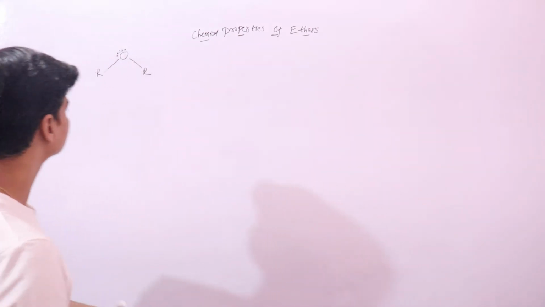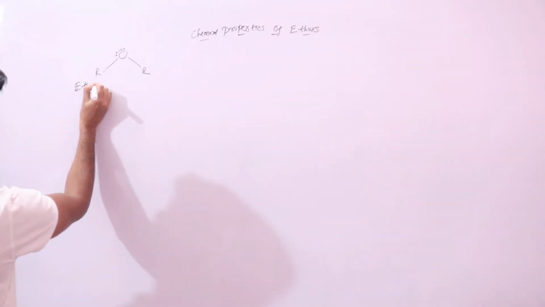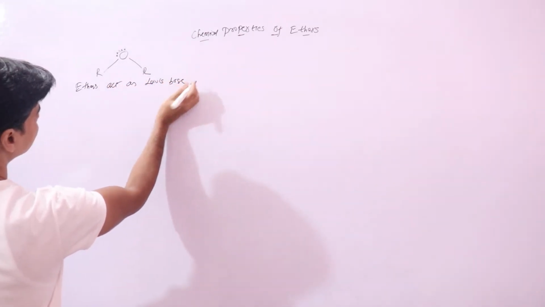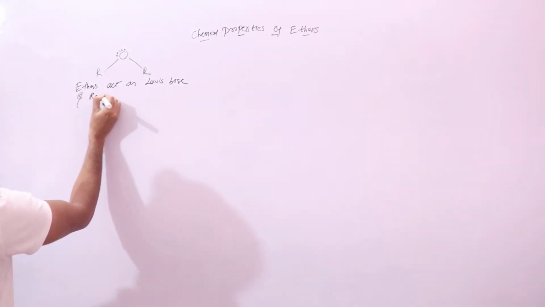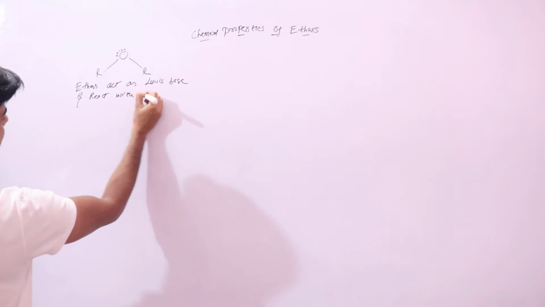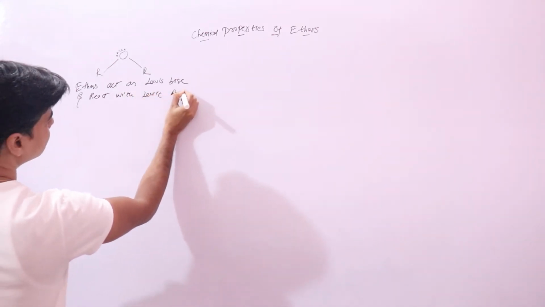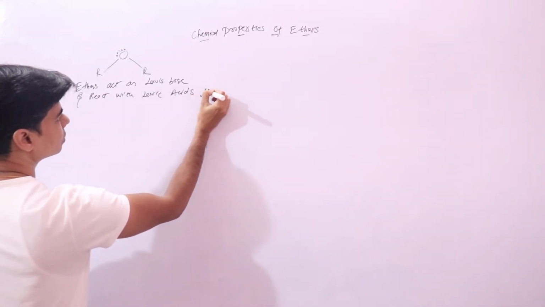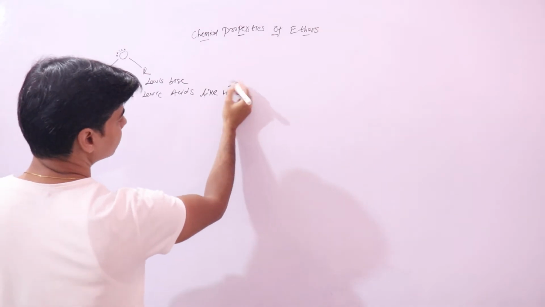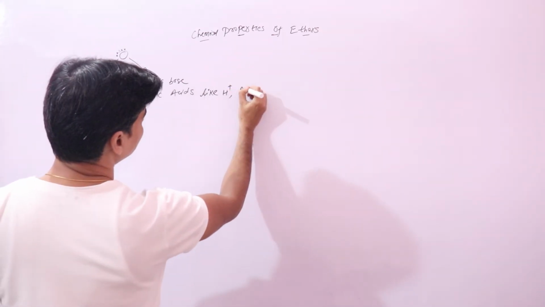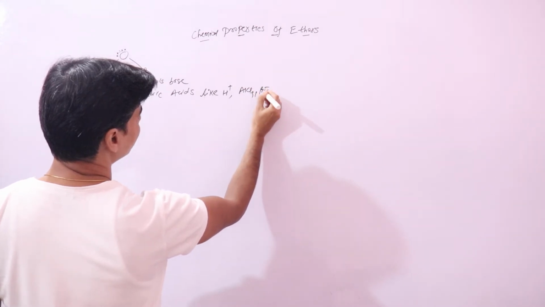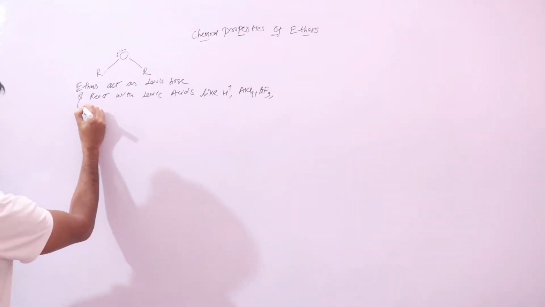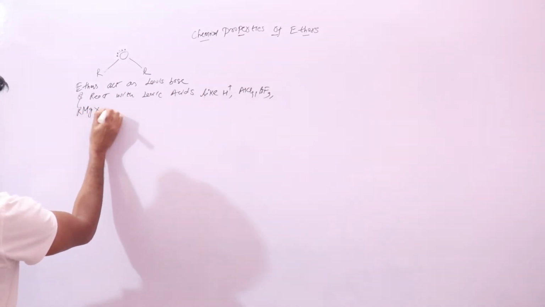Ethers act as Lewis bases and react with Lewis acids, like hydrogen ions, protons that will come from acids, aluminium chloride, boron trifluoride, and also Grignard reagents, RMgX.